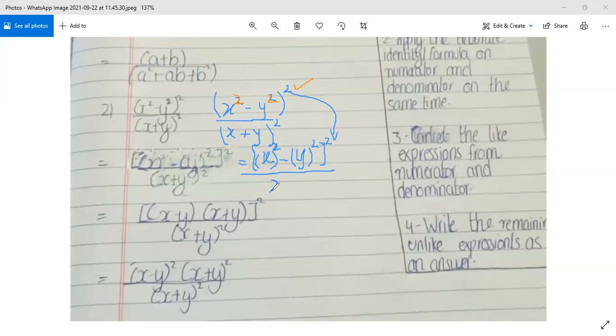Now you will not apply any formula down in the denominator. Why? Just wait for the second step.